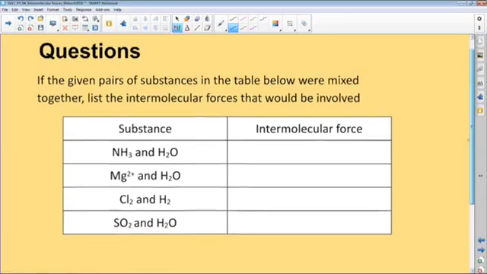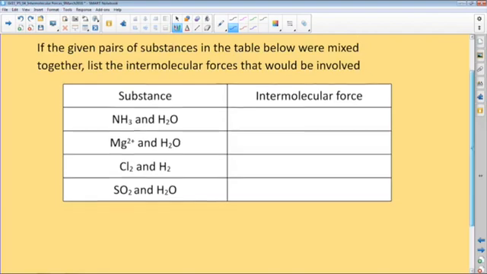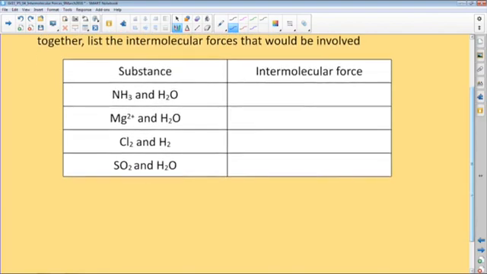Okay, so looking at this, these are the types of questions that we have. If the given pairs of substances in the table below were mixed together, list the intermolecular forces that would be involved. Okay, now I'm going to do the first one with you. We haven't done hydrogen bonding yet, so we're just going to work with the 6 that we've got. And I'm going to write them down just quickly.